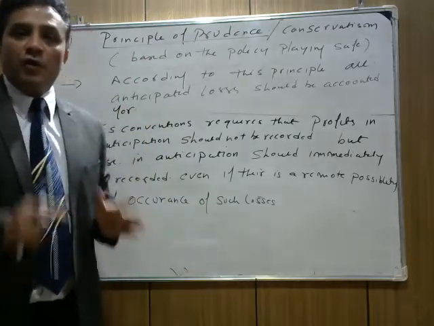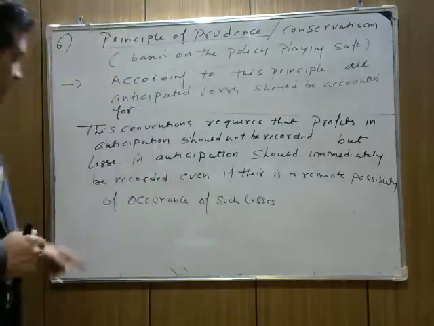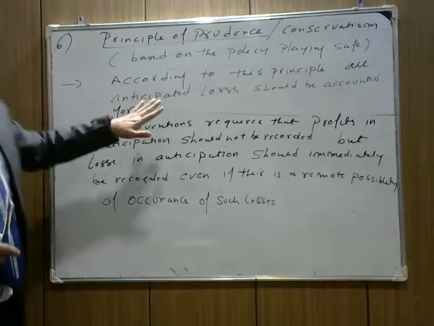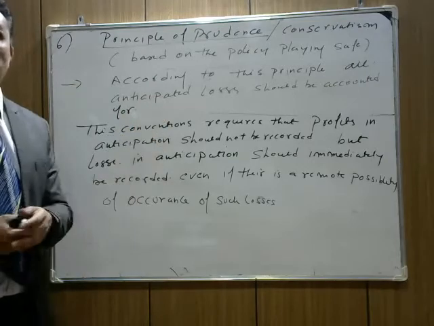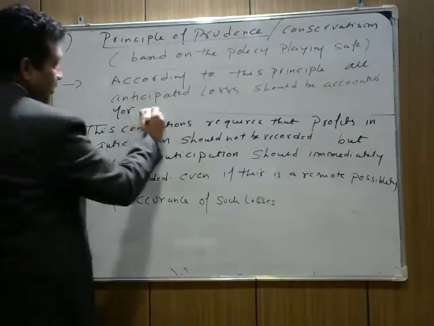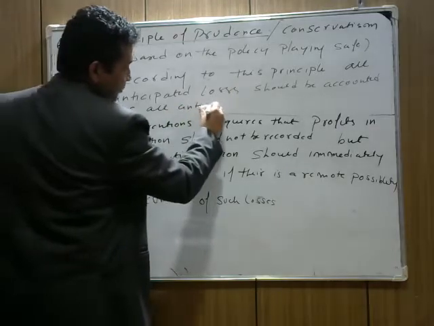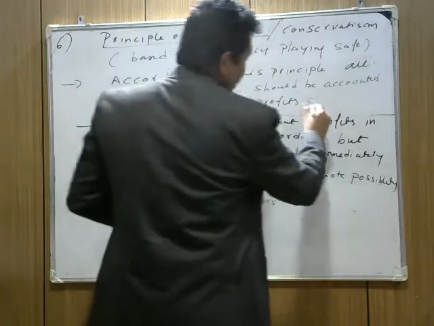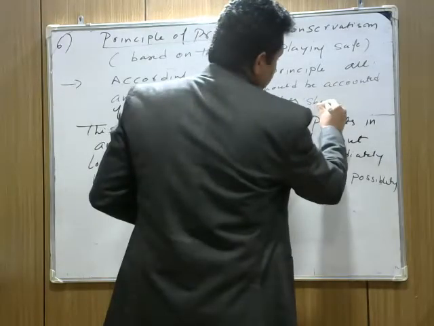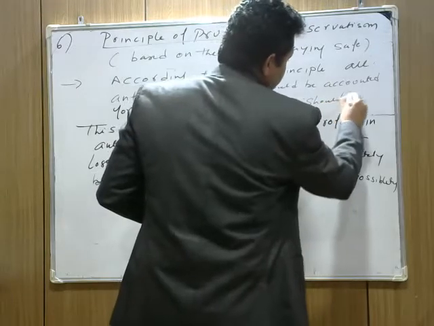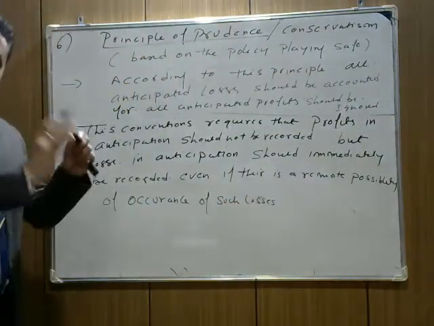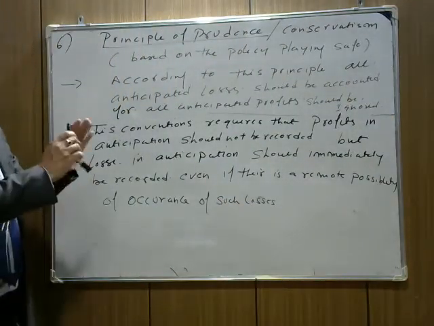This convention requires that profit in anticipation should not be recorded, but losses in anticipation should immediately be recorded, even if there is a remote possibility of occurrence of such losses. I hope you note down the same. Should be accounted for, and all anticipated profits should be ignored. I write here, all anticipated profits should be ignored.